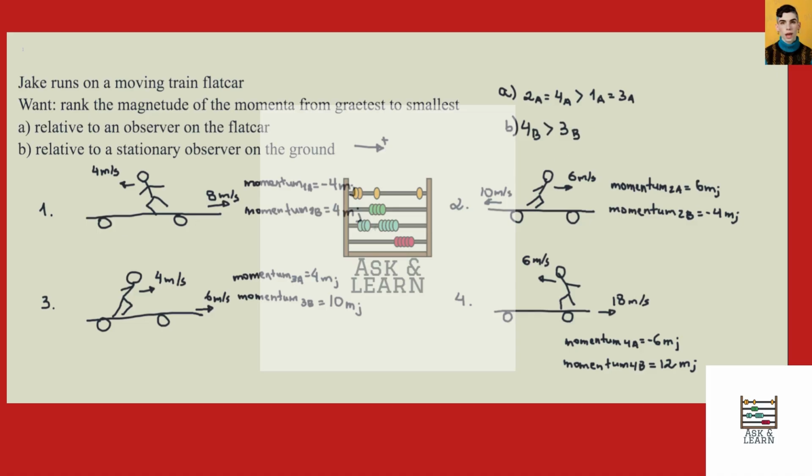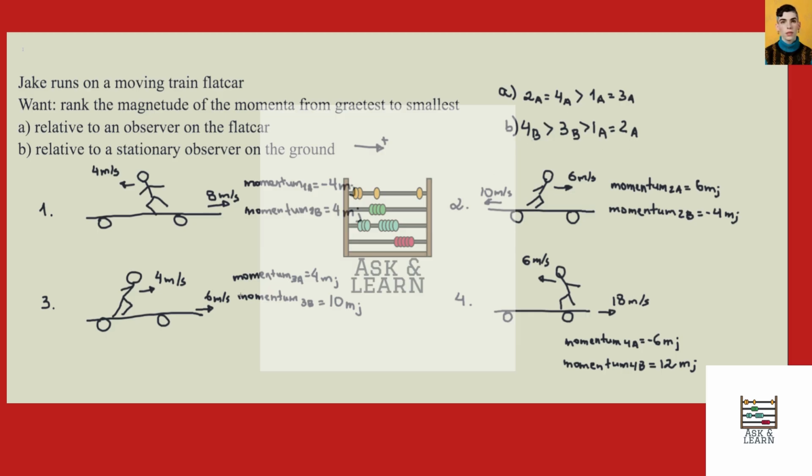And then we have 4 and 4. Then 3B is bigger than both of those. So part 1B is equal in magnitude to 2B, and they're both smaller than 3B.